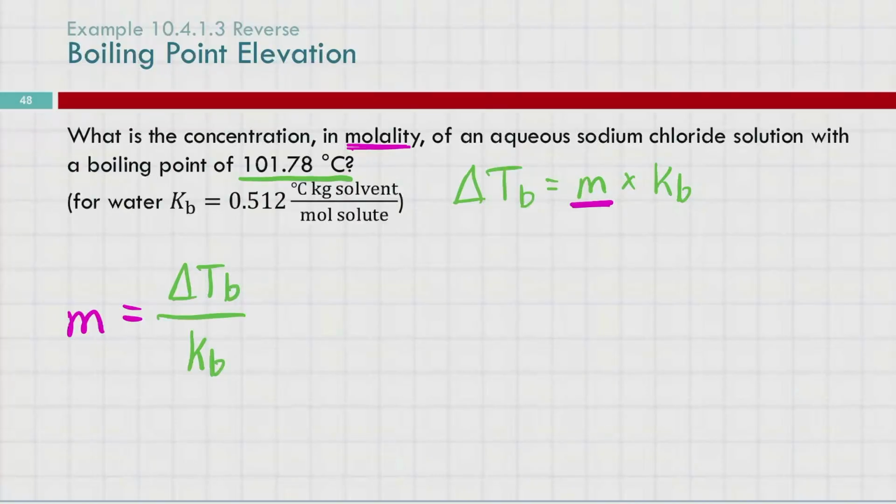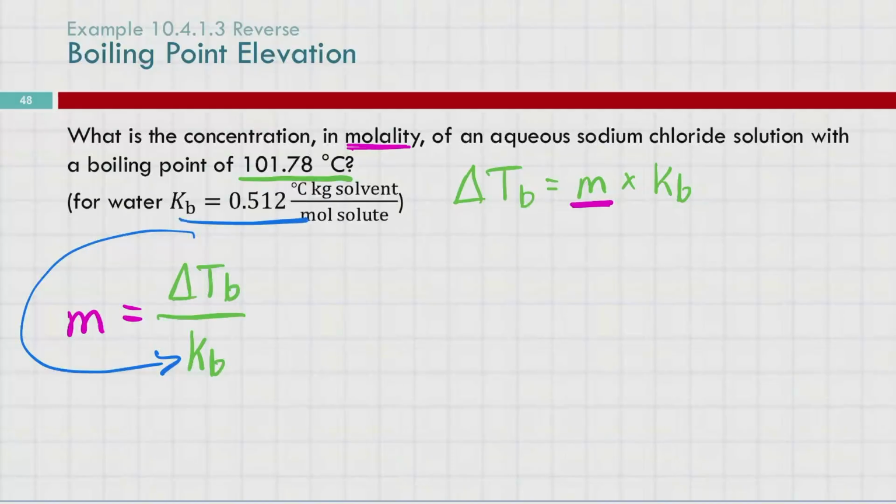We were given K sub B. Do we have delta TB? Couple people whispering, yes. The delta means change. How much our boiling point went up.